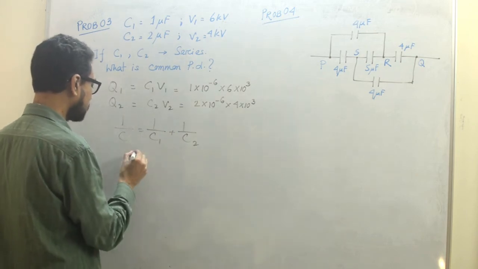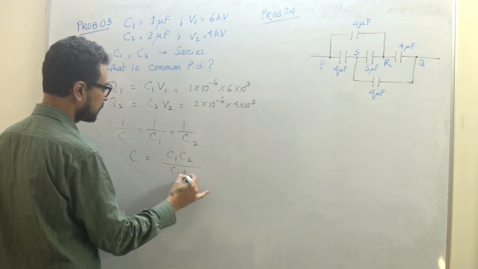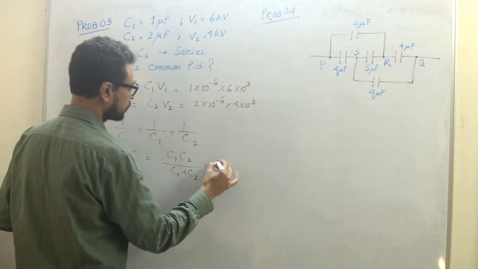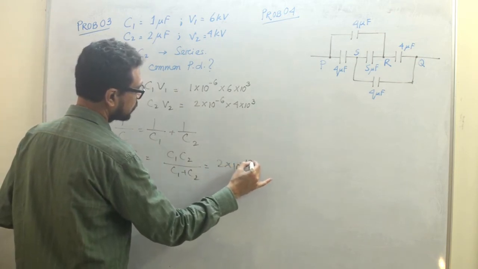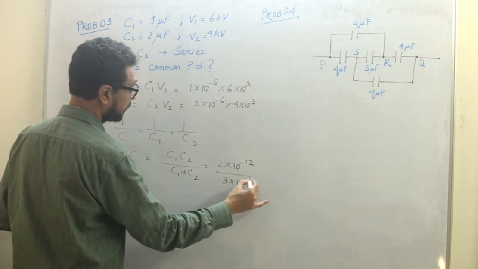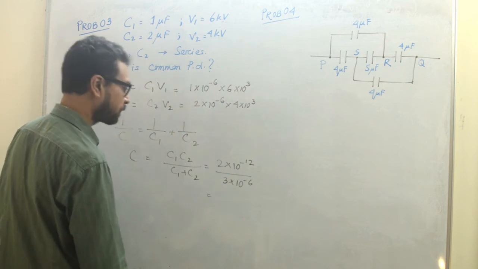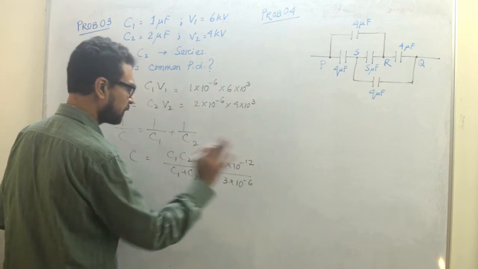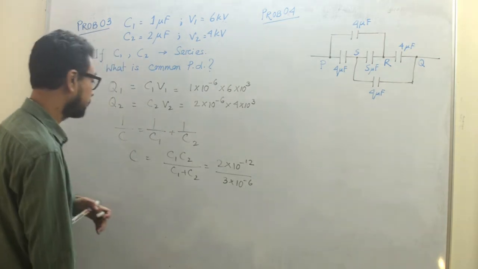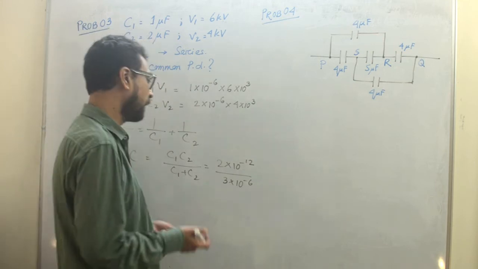It is C1 C2 by C1 plus C2, which is 2 into 10 to the power minus 12 divided by 3 into 10 to the power minus 6. Keeping it in this fashion, 2/3 into 10 to the power minus 6 will be the answer. So 0.67 microfarad is the answer.